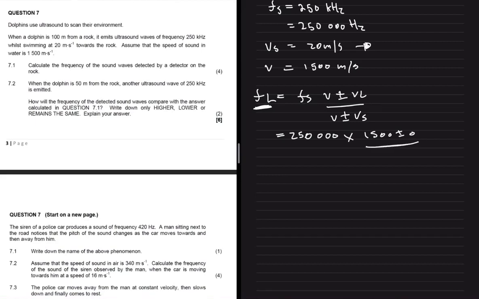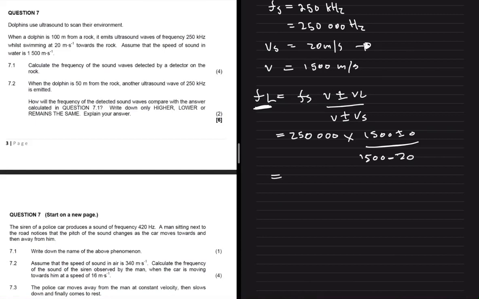On the denominator we have 1,500 for the speed of sound in water, and then the dolphin is moving toward. If it's moving towards, then we have minus on the denominator. If it was moving away, then we would have plus. So we have 1,500 minus 20.